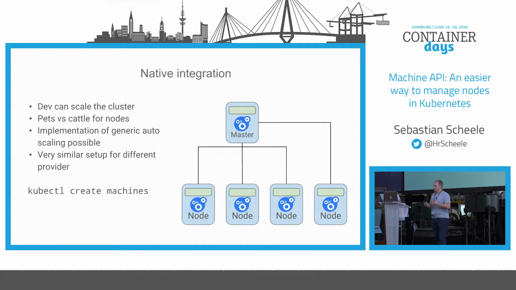From the user perspective, your setup looks very similar, and you don't need to know provider-specific details about the implementation. So from a developer perspective, when this is implemented, I can do kubectl create machine everywhere, and I get a new machine attached to my cluster.